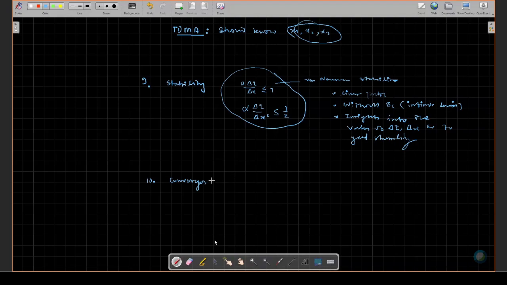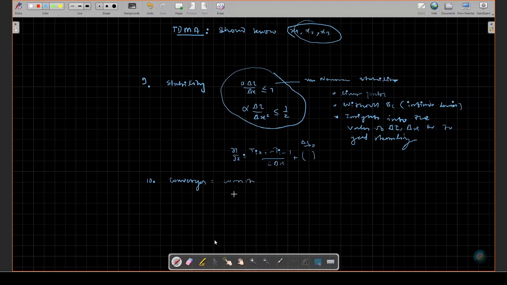So you have consistency. Consistency means whatever you have discretized, for example t i plus 1 minus t i minus 1 over twice delta x, whether this discretization is consistent or not. Consistent means that whenever you make delta x tend to 0, it gives you the actual PDE solution.